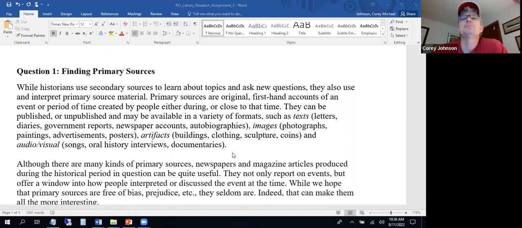And so typically during in-person classes, when I ask this question, what is a primary source? Students will answer by saying it's a first-hand account created by someone who witnessed an event or had some direct experiences with a particular event or topic. And these are really good definitions.